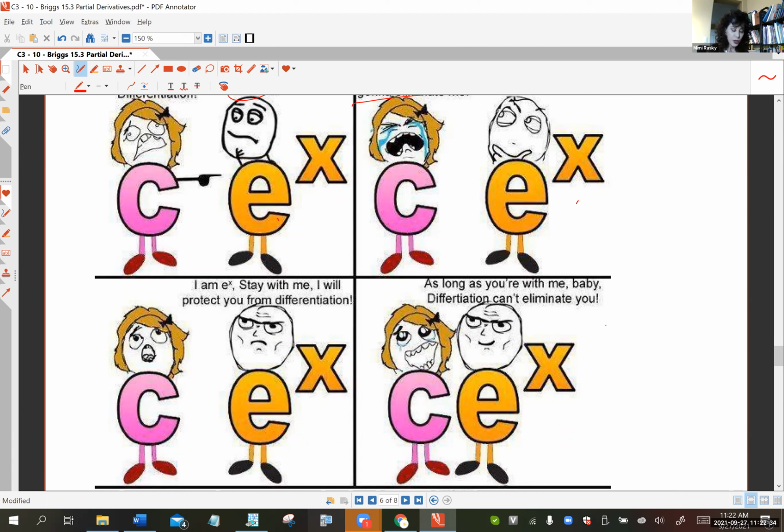So, you know, when you take the derivative of c e to the x, the c isn't going to get sent to 0 now because, you know, constant multiple rule. So the e to the x says, as long as you're with me, baby, differentiation can't eliminate you.